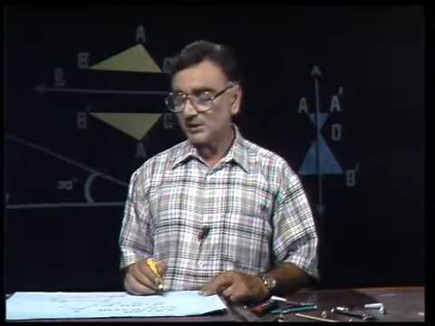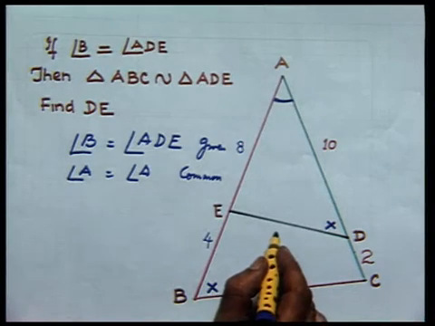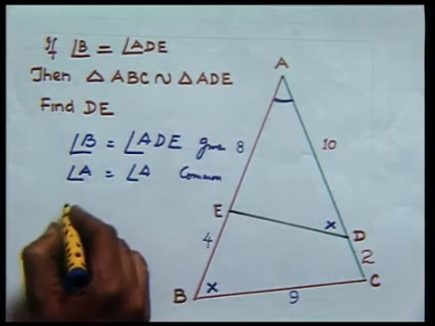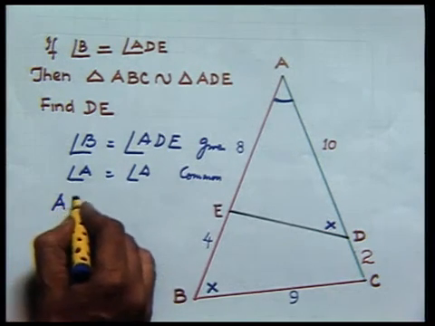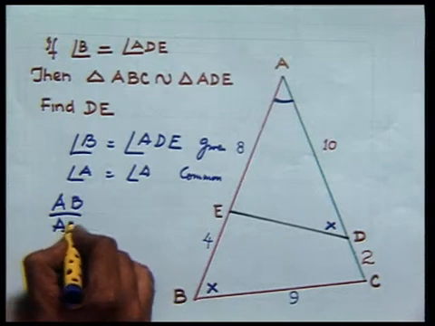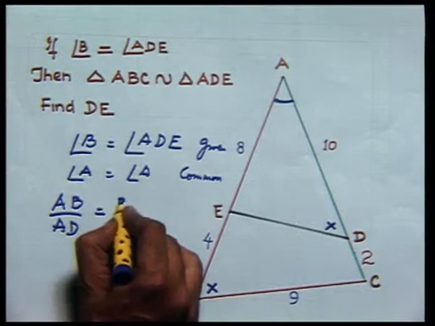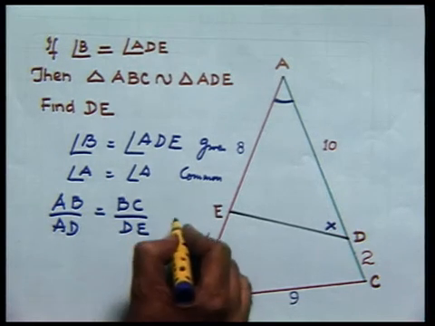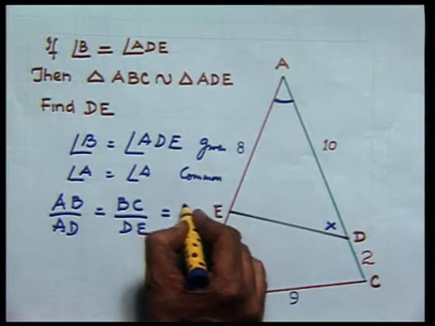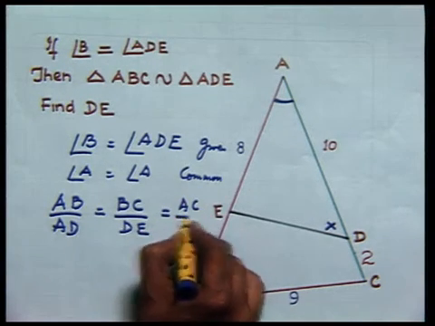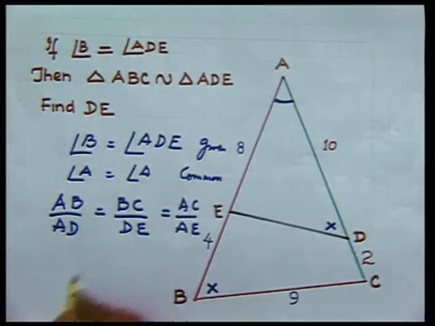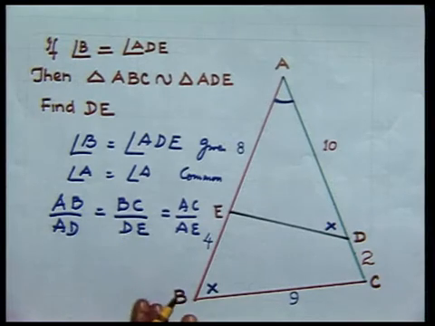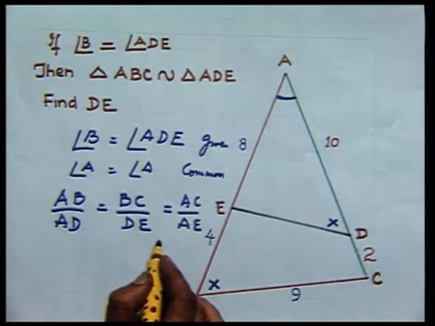Now in this further question we ask you what will be the measure of DE. Since triangle ABC is similar to triangle ADE, that means AB upon AD will be equal to BC upon its corresponding side DE, and this will be equal to AC upon AE. Now, since I have to find out DE, I will make use of this equality.